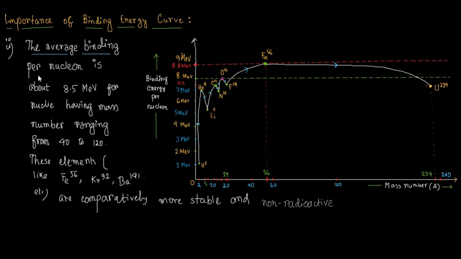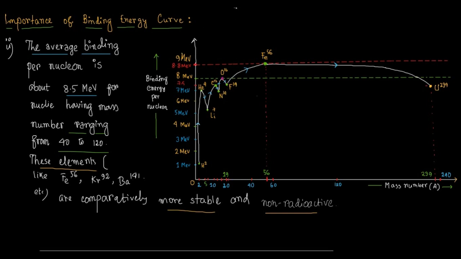The average binding energy per nucleon is about 8.5 MeV for nuclei having mass number ranging from 40 to 120. That is, iron 56, krypton 92, and barium 141 are more stable and non-radioactive.